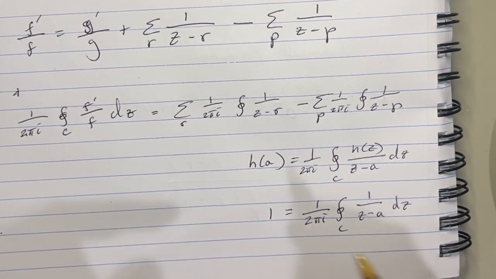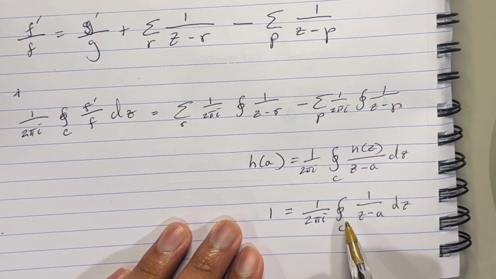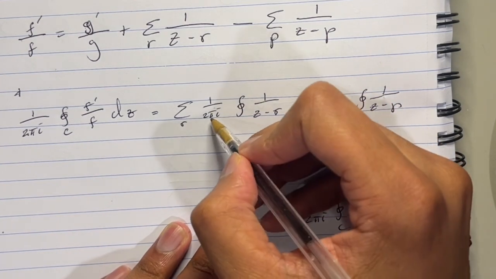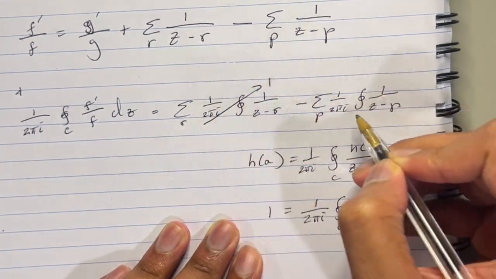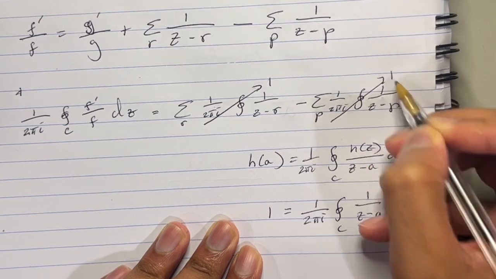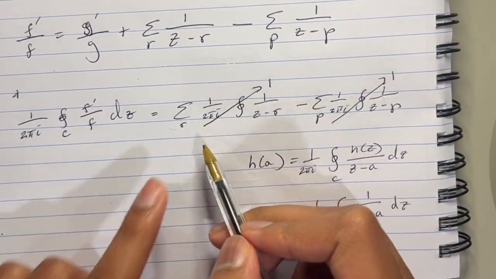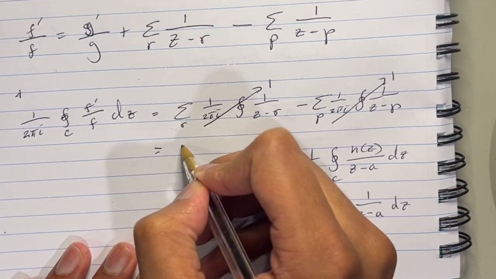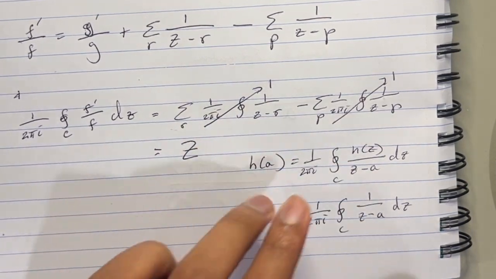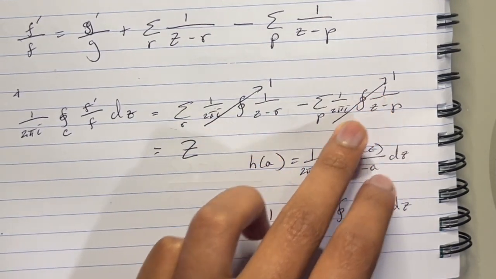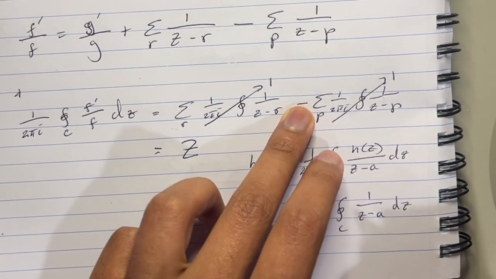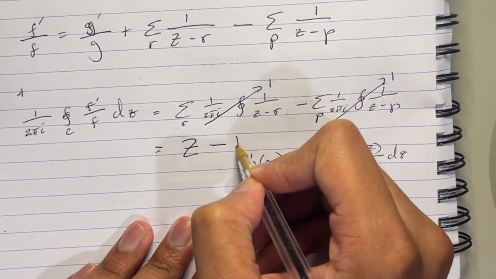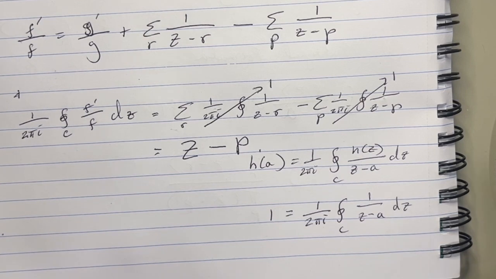And if we set h as 1, then Cauchy's integral formula gives us this as 1. And so this entire bit goes to 1, this entire bit goes to 1. And so now we're summing 1 over the roots. So that just gives us the number of roots, Z. And now we're summing 1 over the poles, and there's a minus here, so minus the number of poles, and we're done.